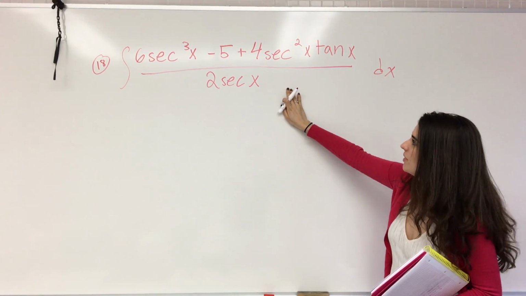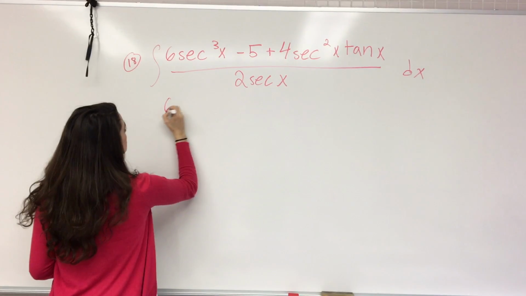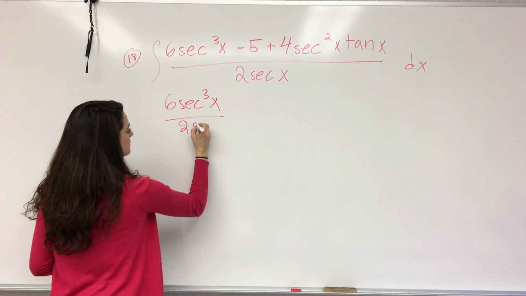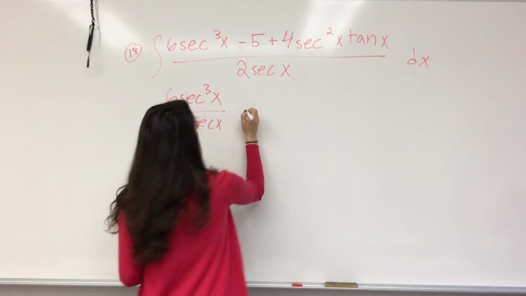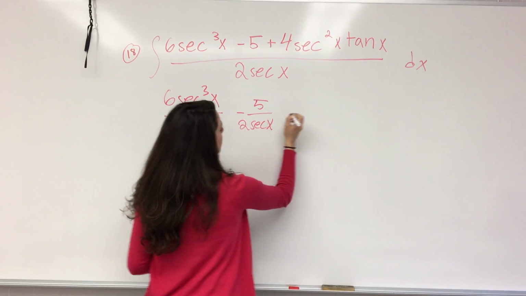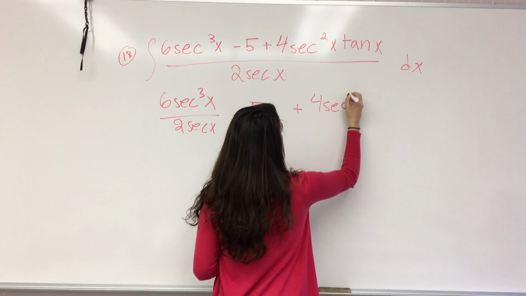Problem, and the first step that we need to do is divide each term by the denominator. So we have 6 secant, then the 5 over the denominator, and then the last term.